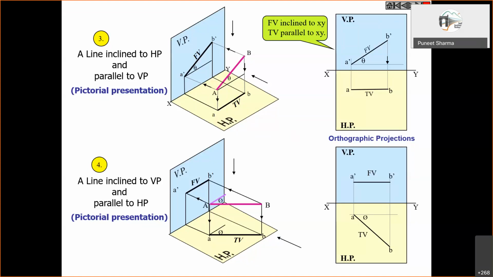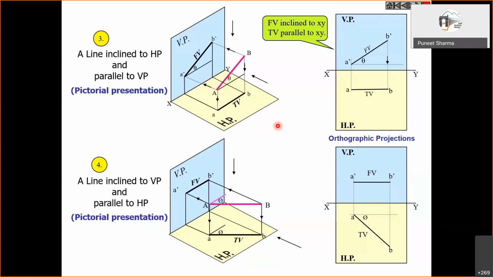One is when keeping this capital A here, keeping this theta same, we move this capital B, then top view only shows movement of B on a circular arc about A, and in the front view B dash tends to move along a line parallel to the XY. So this kind of movement we are observing here.